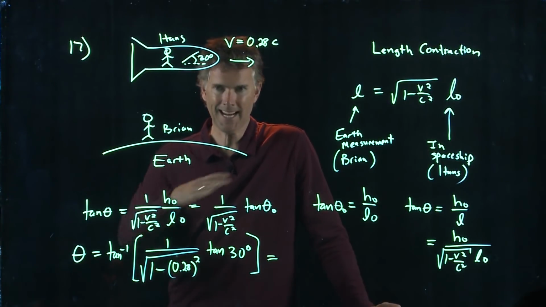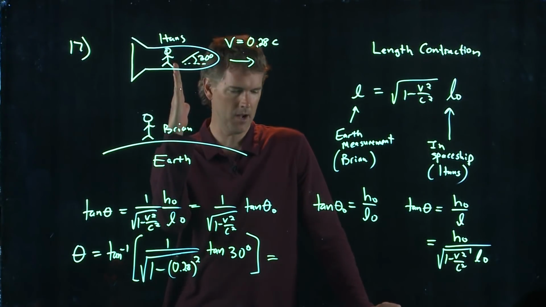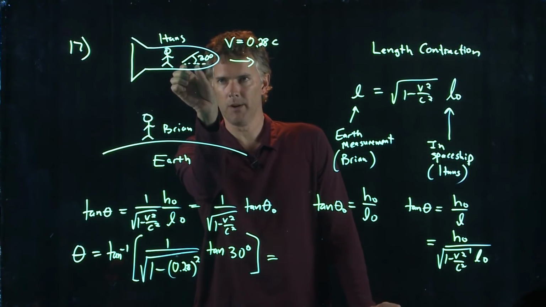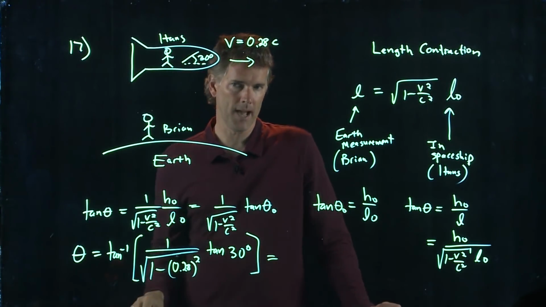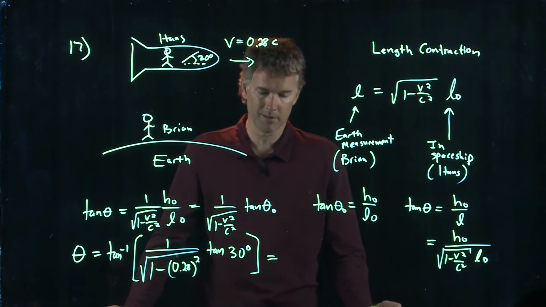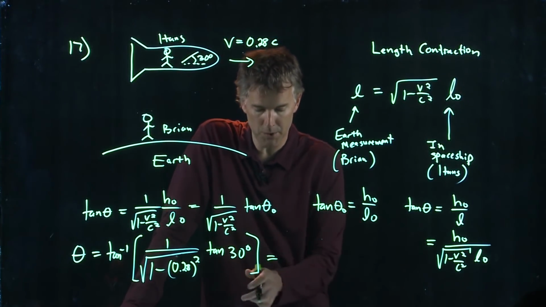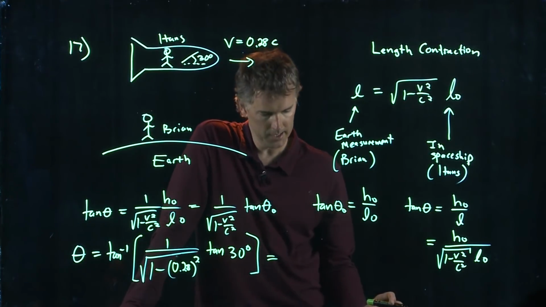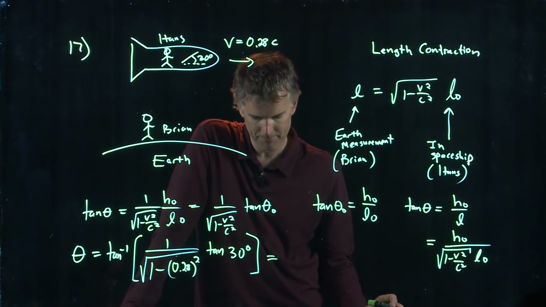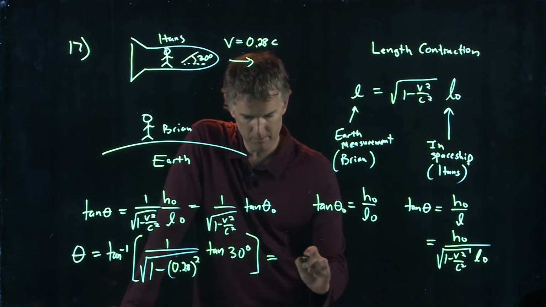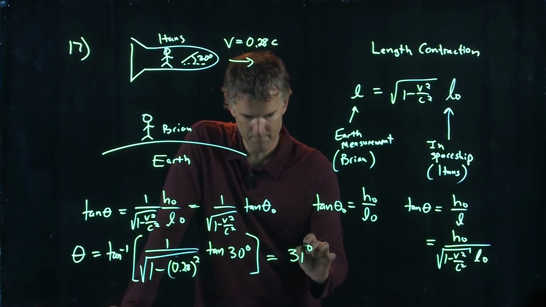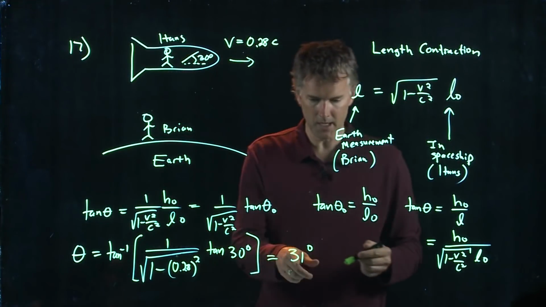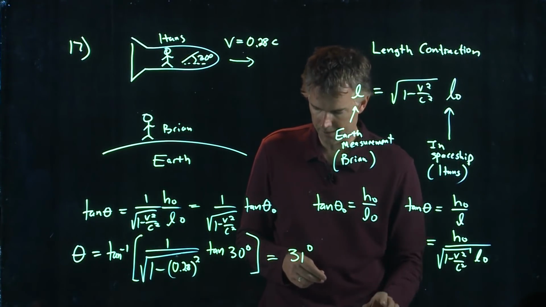But 90 degrees would be standing straight up, and that means that the bottom side of that triangle would have to shrink to 0, which would happen when you're going at the speed of light. So we're not going at the speed of light. So really we're down to two options, 33 degrees or 31 degrees. Did anybody punch it in and get an answer for this? 31 degrees. Okay, and that's answer D on your answer key.